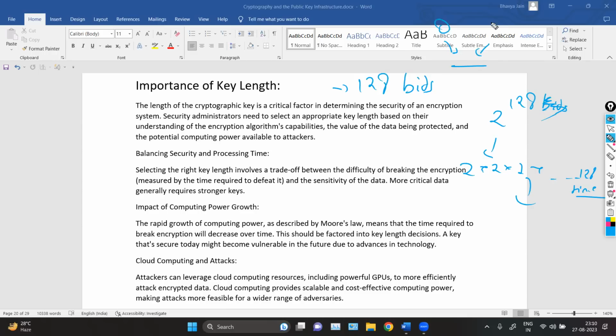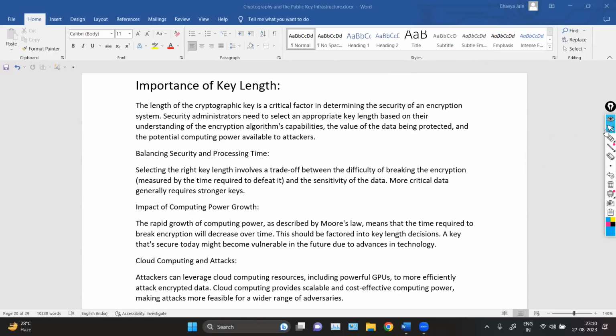It can be 0, it can be 1. We don't know, and that is why we have this formula 2 power 128. This is the size of your key length, or we can say key space.